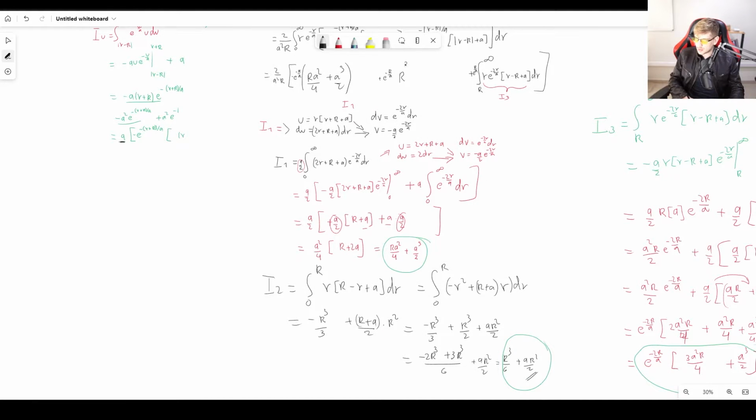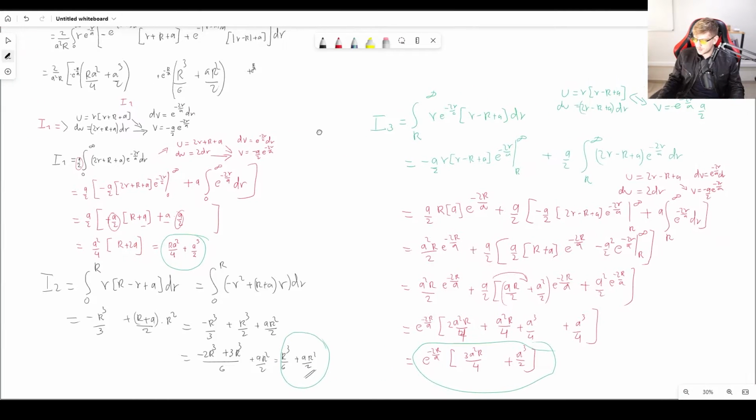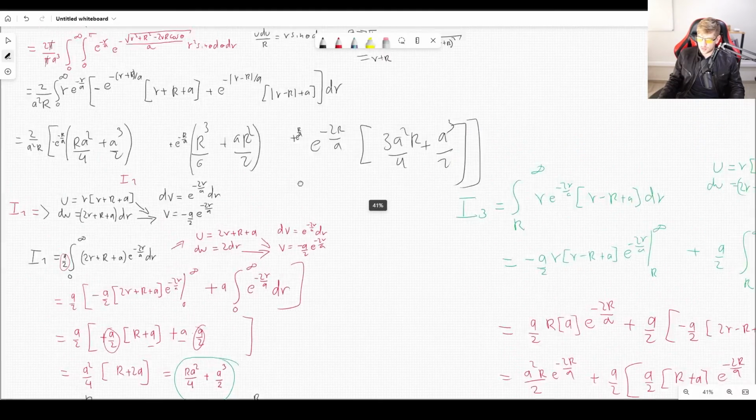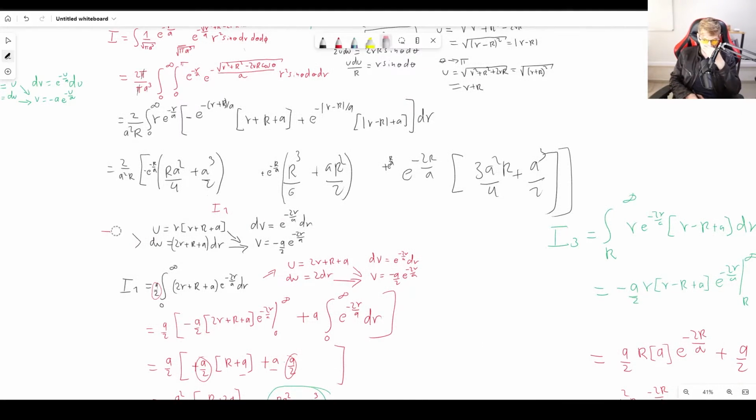So R cubed over 6 plus a R squared over 2. And finally, let's plug in I3. So I3 is this thing right there. So that is times e to the minus 2r over a times 3a squared R over 4 plus a cubed over 2. Okay, and all of this, of course, is inside the integral. I mean, the original parentheses. So I'm gonna make some room. Can I make this bigger somehow? No?